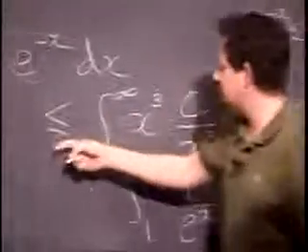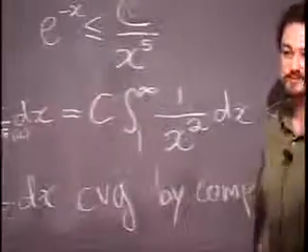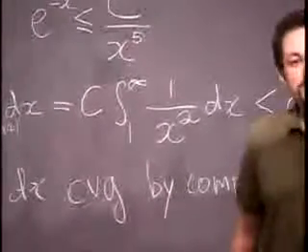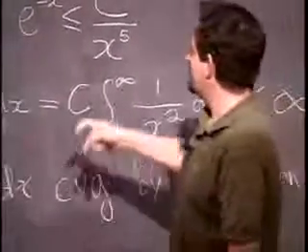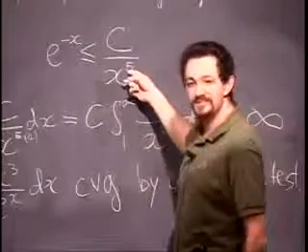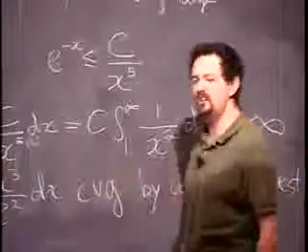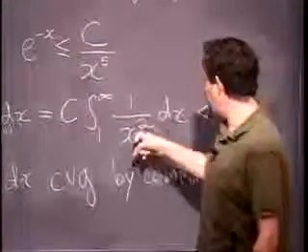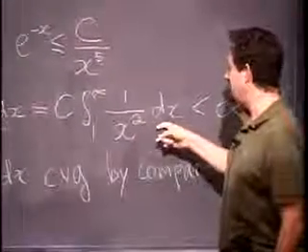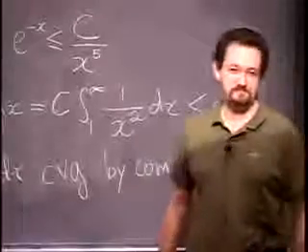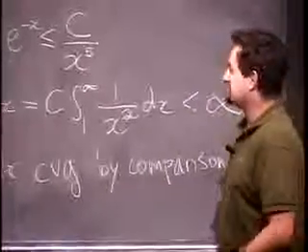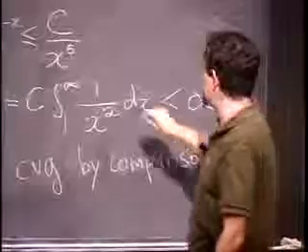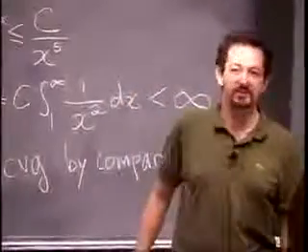This is less than or equal to something that's infinite. It tells you nothing. So you actually could pick any number bigger than 4. You could do 4.0001 if you are feeling really stingy, because then you will get 1.0001 here, and it still converges. So you have to choose your number so that after everything cancels, you have a power bigger than 1, so that you can use the p-test effectively.